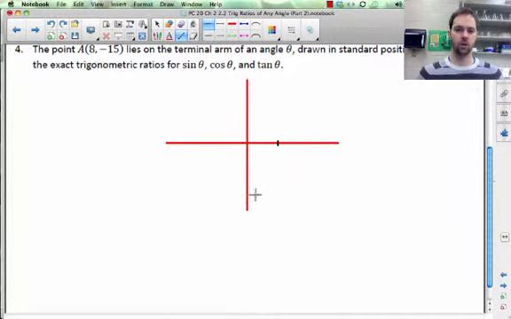And we go negative 15, which will be almost double that. Then trace it down, trace this one over, and your angle in standard position looks something like that.